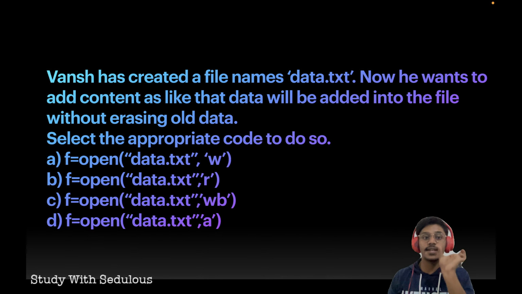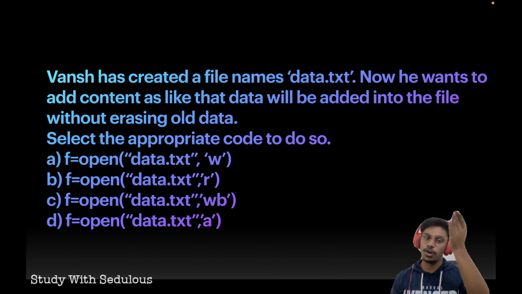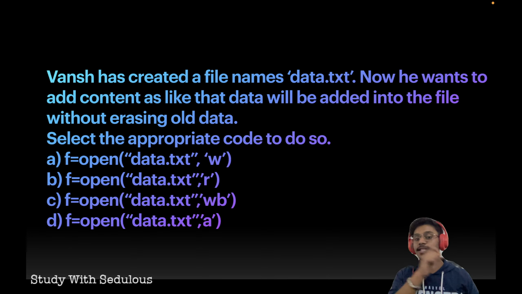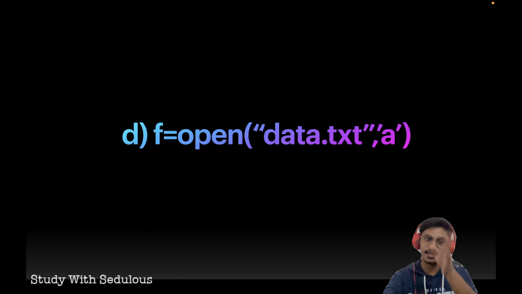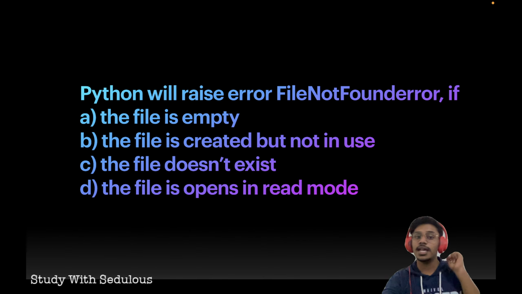And we are told without erasing the old file, which means option A is also gone. So the only option which is left is D. And what does A do? A is an append function, and it appends the data. It will get the data from the user and add it to the last position. That's what append does. And that's the answer.